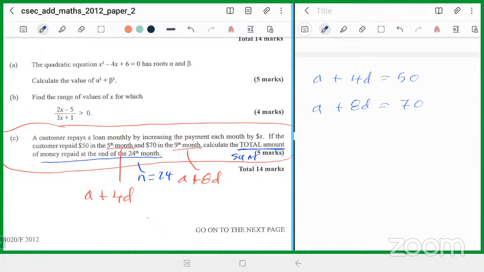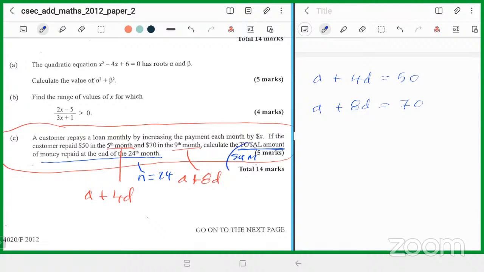But I want the total amount paid at the end of 24 months, so that is telling me that I want the sum of 24 terms. I have to read the question carefully. If the question had said, what is the payment in the 24th month, that would be the 24th term, which would be A plus 23D. But this question is asking for a sum.